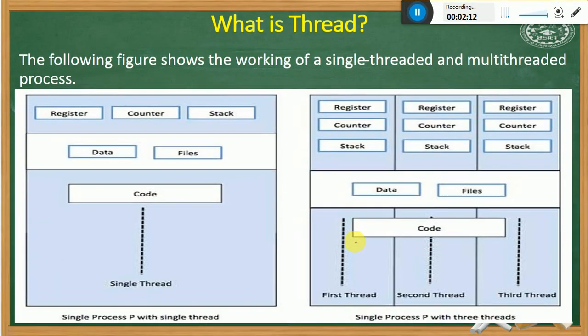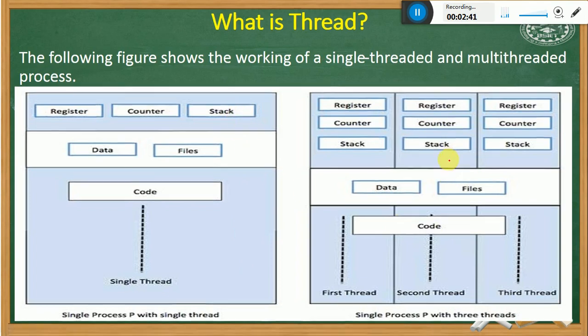With a single thread, every individual thread has a register, counter, stack, data and file, also code. With a multi-threading approach, multiple threads have separate registers, counter and stack, but they share common data and files. They can also share a common code segment. That is the diagram for single threading and multi-threading.